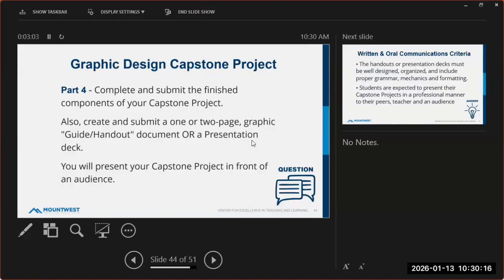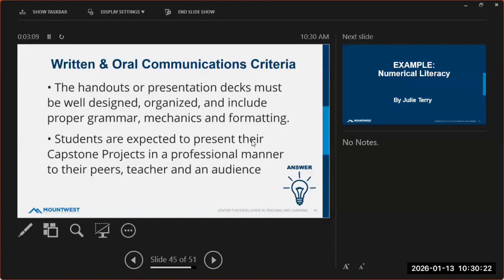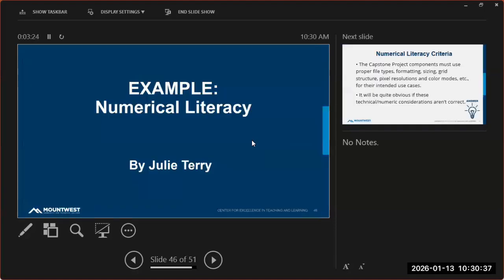I feel like that incorporates the oral and written communication component. They have to use proper grammar, mechanics, formatting, and give it in a professional manner. And we usually bring in a little audience to watch them. I think some of you were in that the last couple of years.